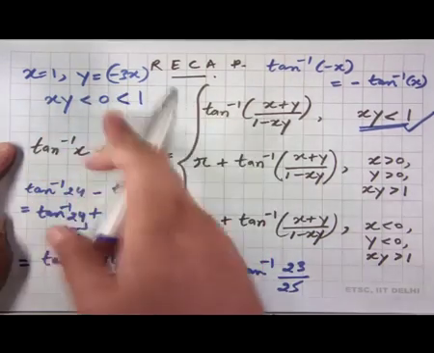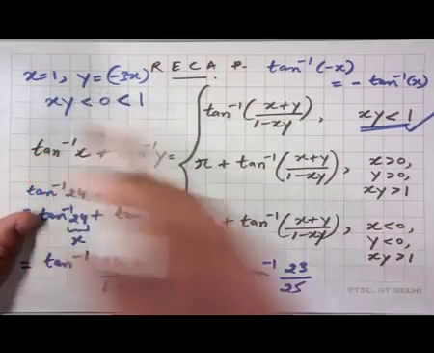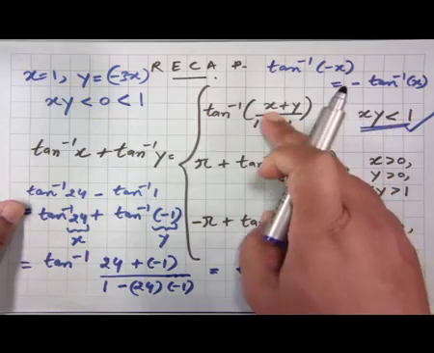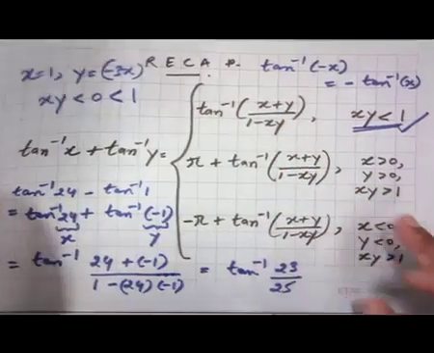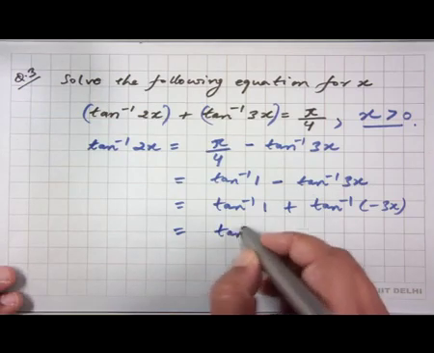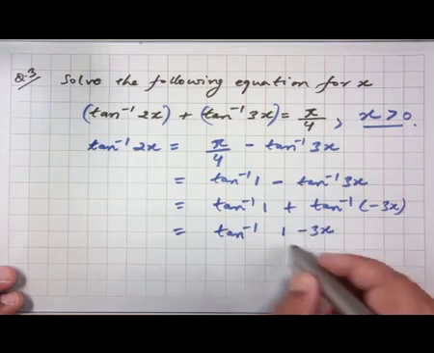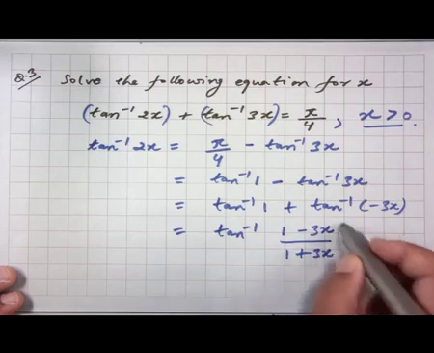So, for our problem xy is less than 1, and therefore, we have to use this particular formula with x equal to 1 and y equal to minus 3x. And when we do that, we get this right hand side to be equal to tan inverse of (1 minus 3x) over (1 plus 3x).